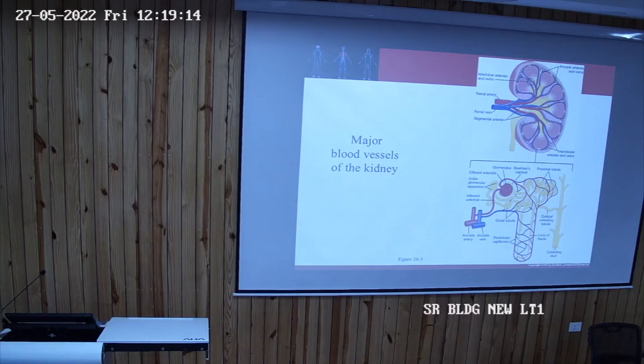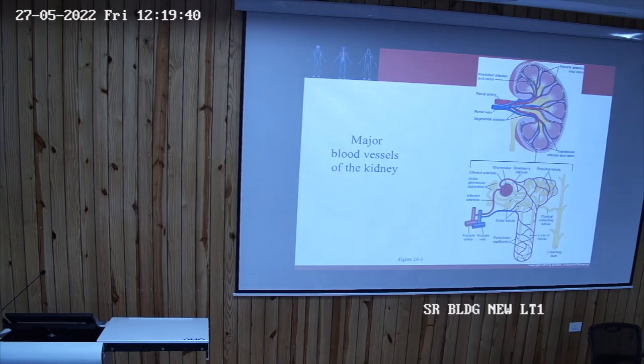Clear? So the story started from the abdominal aorta, renal artery, segmental artery, interlobar artery, arcuate artery, and finally the radiating artery, and this radiating artery results into afferent arteriole. Clear?